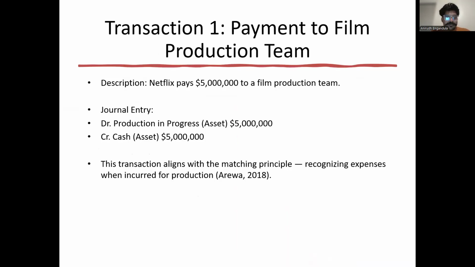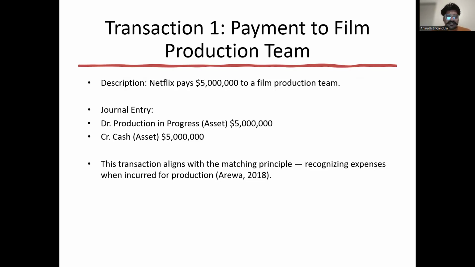For the first transaction, we're going to assume that Netflix pays 5 million to a film production team to start developing an original movie. Let's call it, just for the sake of this example, Wednesday.